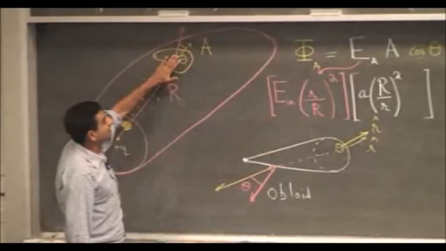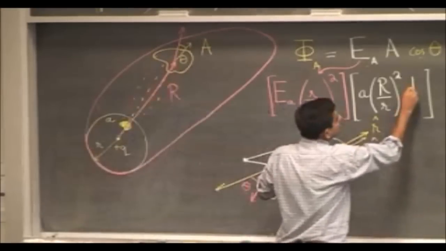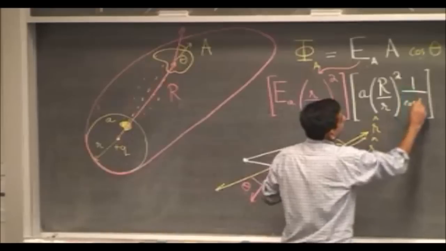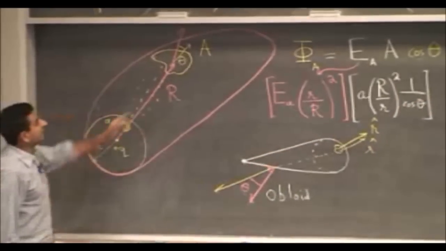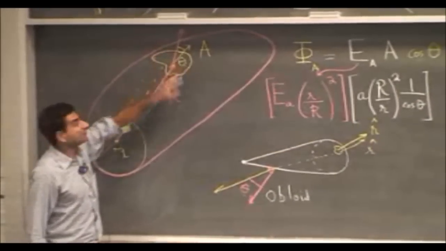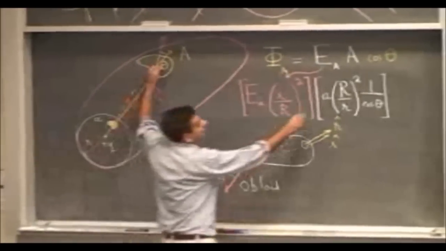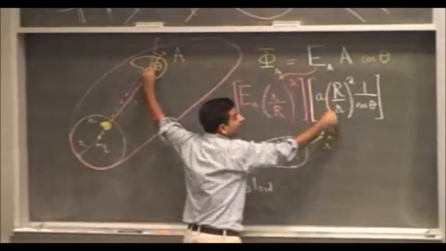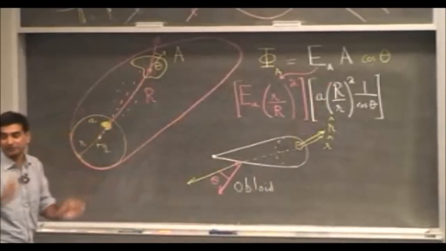So this angle is larger by a factor of 1 over cosine theta. Which means that if this theta were 0, which means that this were also the surface of a sphere, then the ratio would be equal to A into small capital R over small r square, because the surface of a sphere has a 4 pi r square dependence.